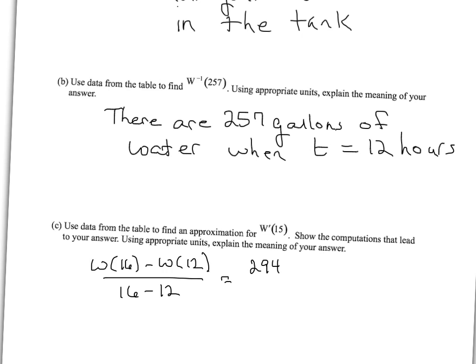294 minus 257 over 4, and that is 37 fourths. Okay, now what does that mean to us?